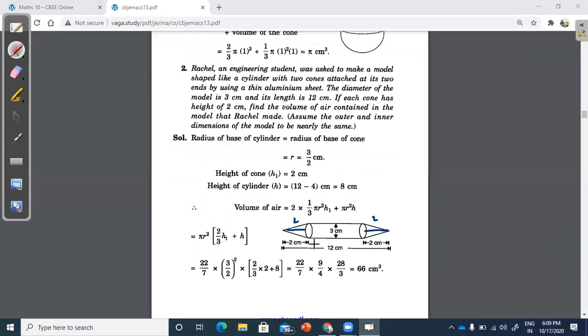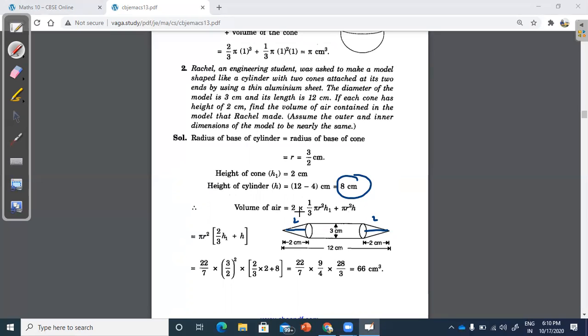So what's going to happen here? The total 12, we'll have to subtract this 2 and 2. So 12 minus 4, that's going to be 8. So this is going to be the height of the cylindrical part. Okay, so 2 height of the cone, and 2 height of the cone is going to be subtracted from either ends. So 4 will be subtracted. So 12 minus 4, we get 8.